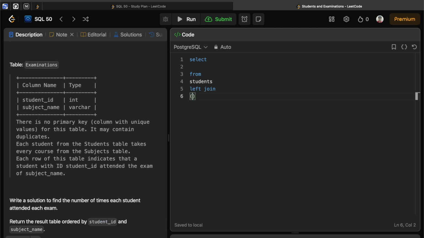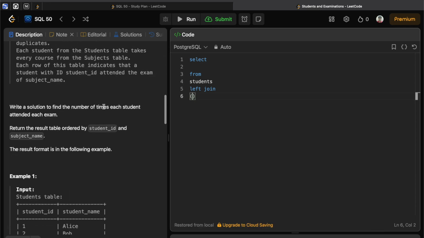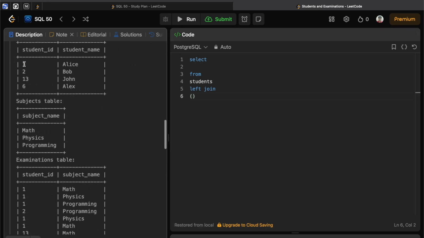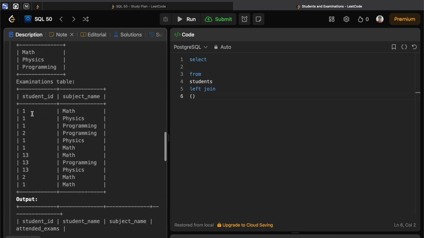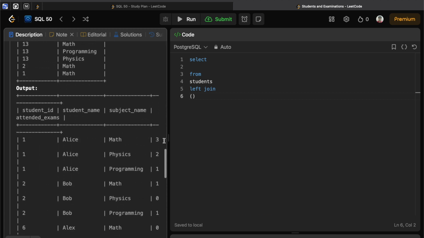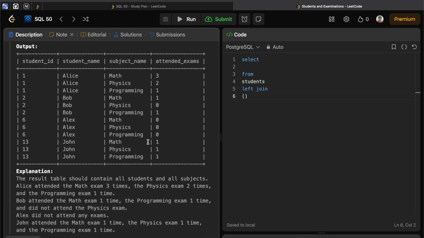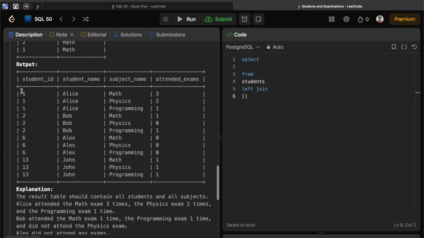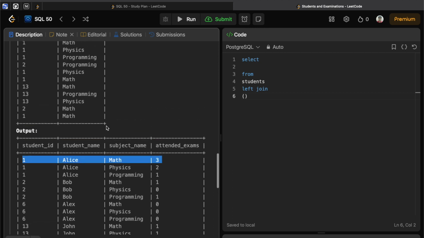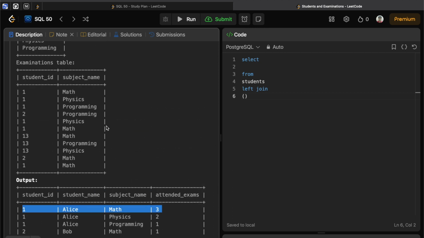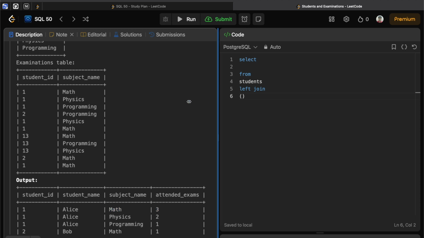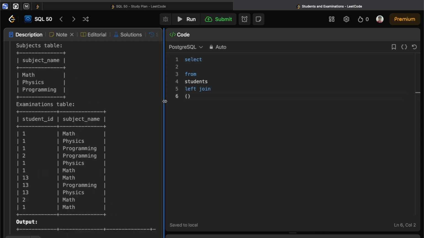So for example, for student ID 1, I want the aggregation that I need already prepared in this subquery. For example, I have Alice 1, math 3. So I want this to be already prepared so that I can later join it with students and get all the students with all the subject names.